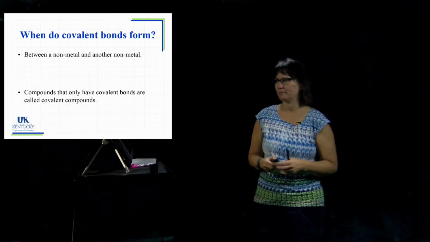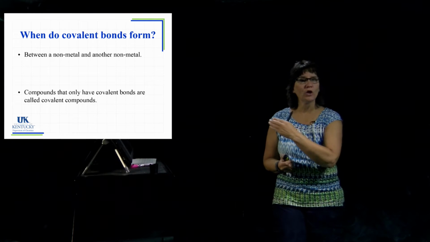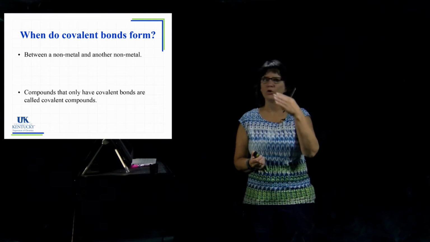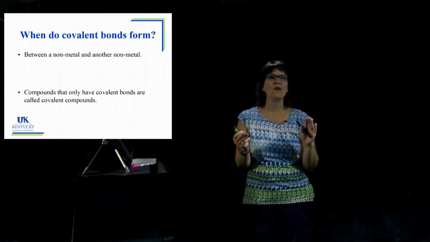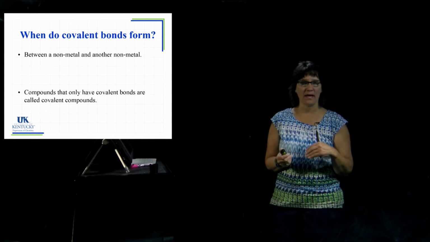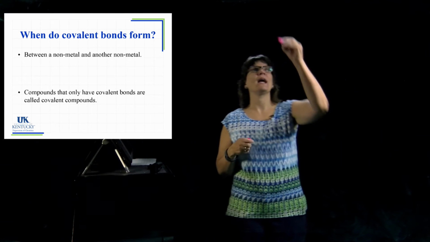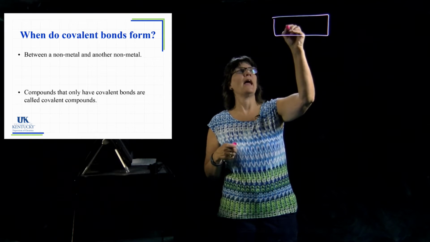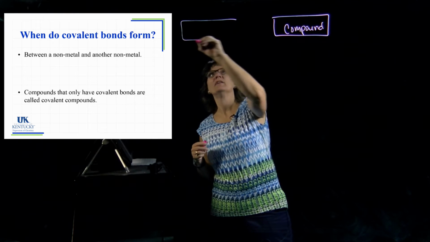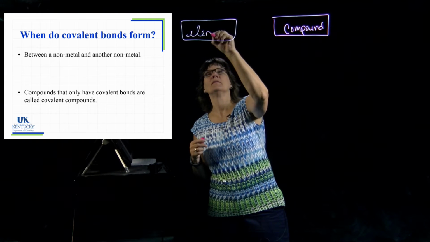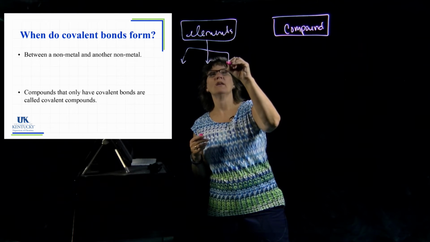They're both wanting more, and the only way 2 things that want a couple more can come together is to do some sharing. Now, here's a language that we use. If we look at a compound, and it's all nonmetal hooked to nonmetal throughout the whole thing, and nothing but covalent bonds inside of that compound, then we have our first subcategory of compound. Remember, we had compounds as the opposite of elements. Remember, we had subdivided these out into metals, metalloids, and nonmetals.